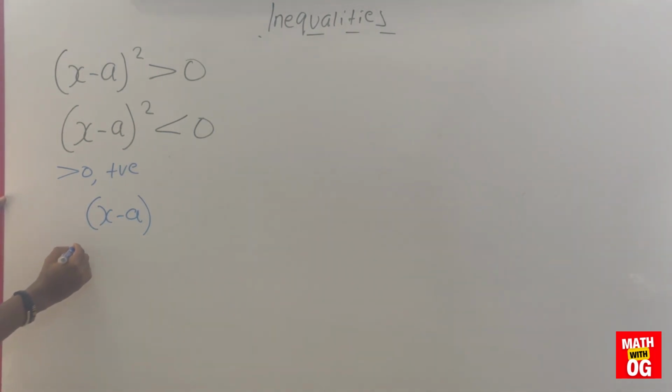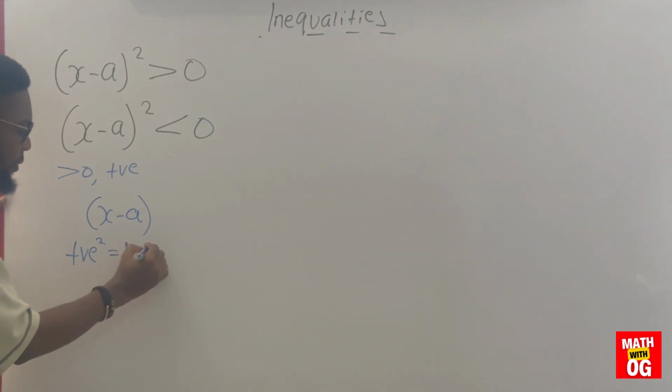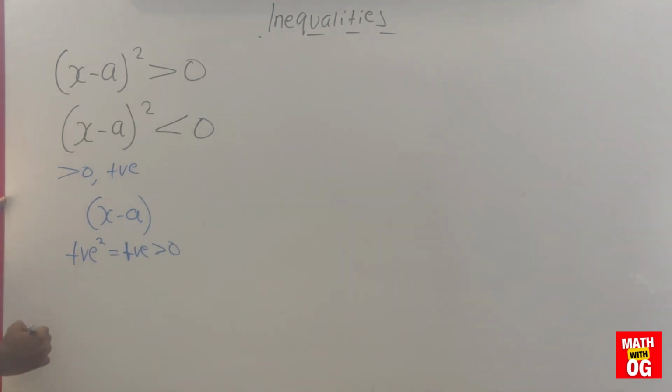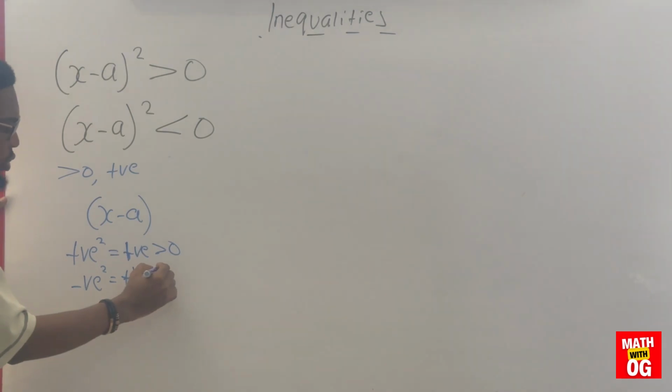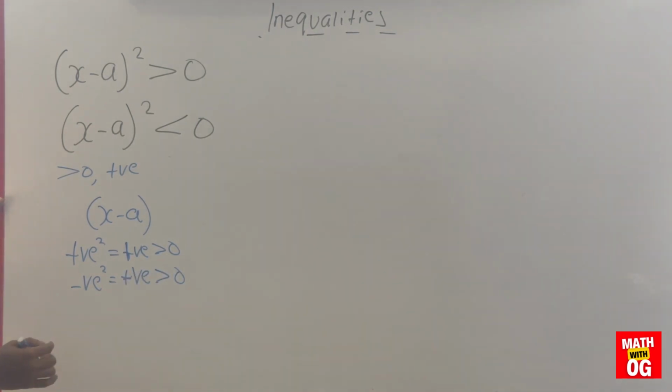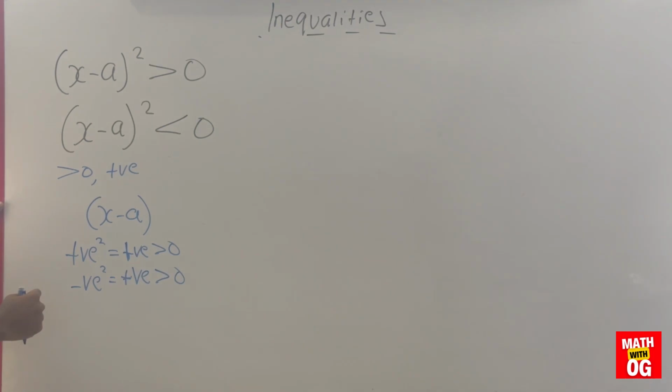You agree with me that when a positive number is squared, it will give you a positive number, that means a number greater than 0. Similarly, when a negative number is squared, it will give you a positive value also, which is also greater than 0. So whether x minus a is positive or x minus a is negative, when you square it, the value should be greater than 0.